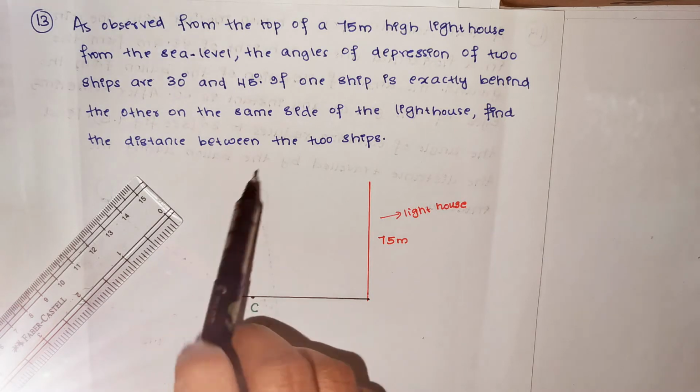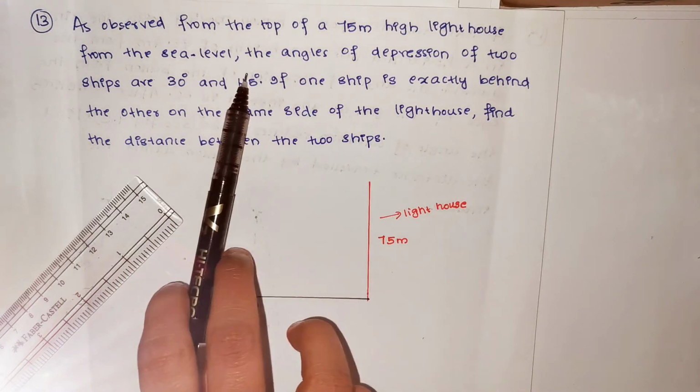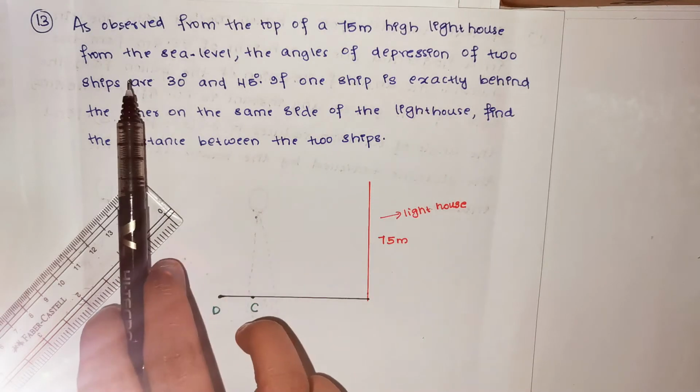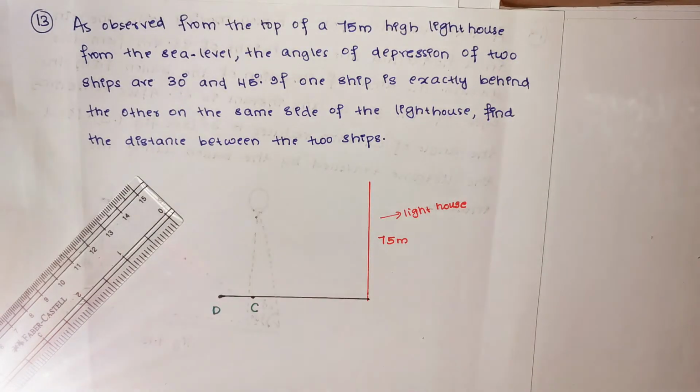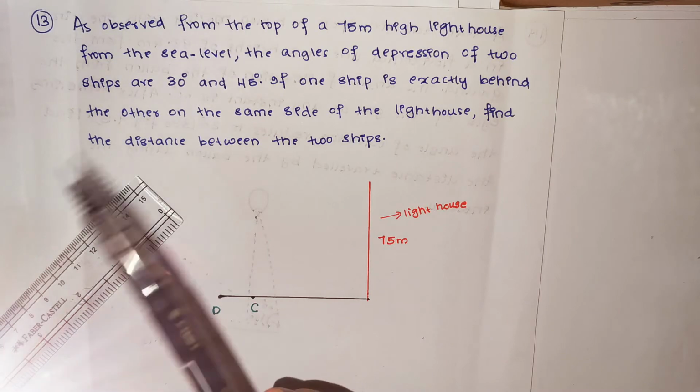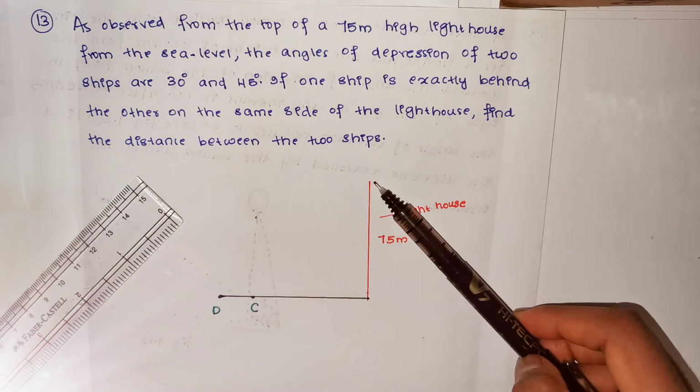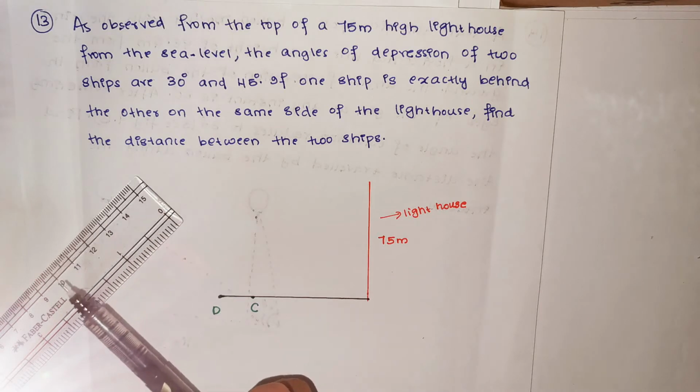Next, we have the angles of depression of two ships as 30 degrees and 45 degrees. From the lighthouse, the angles of depression are given.